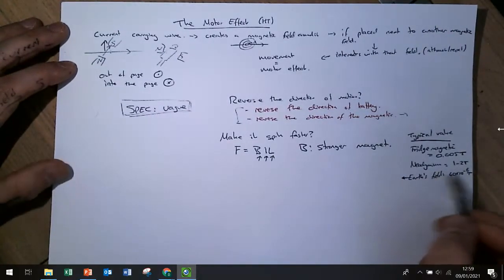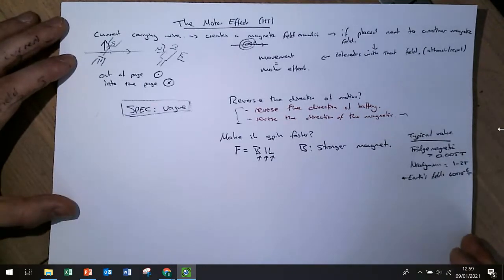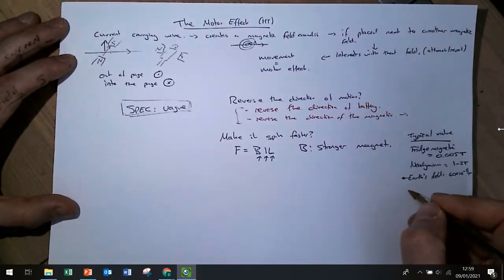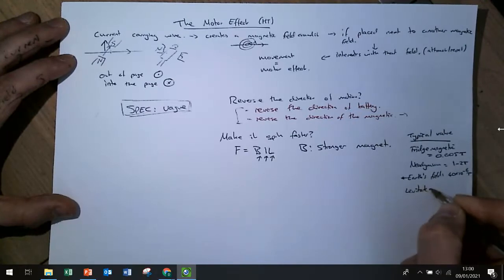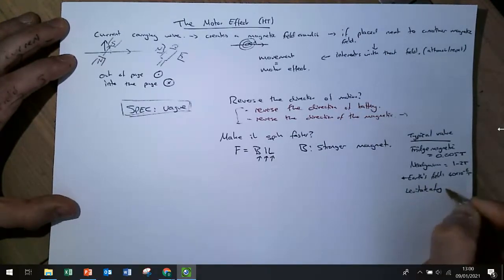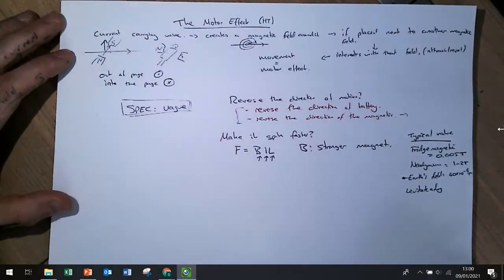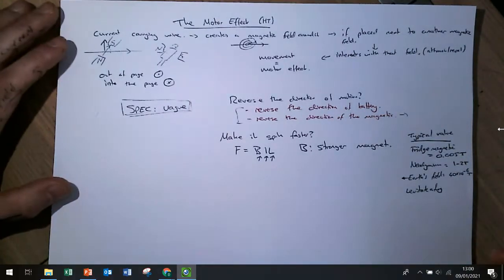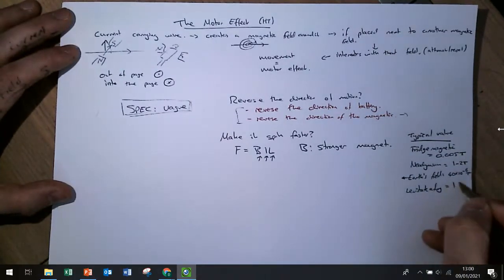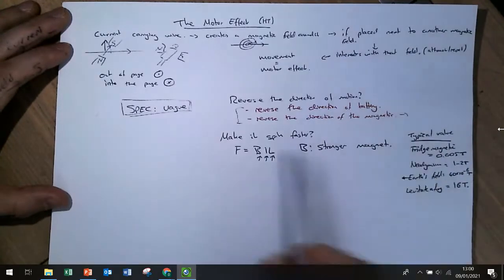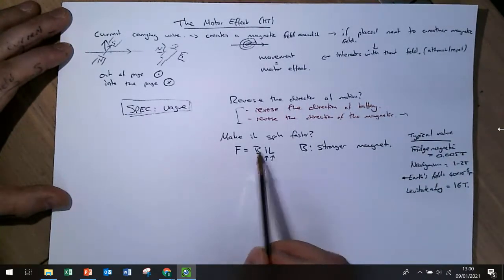I think sharks also sense magnetic fields. And then the fun fact that students always love is the field that's needed to levitate a frog. If you watch my video on magnetism, where I briefly talk about diamagnetism, it's about 16 Tesla. So really all the values of B are very small.